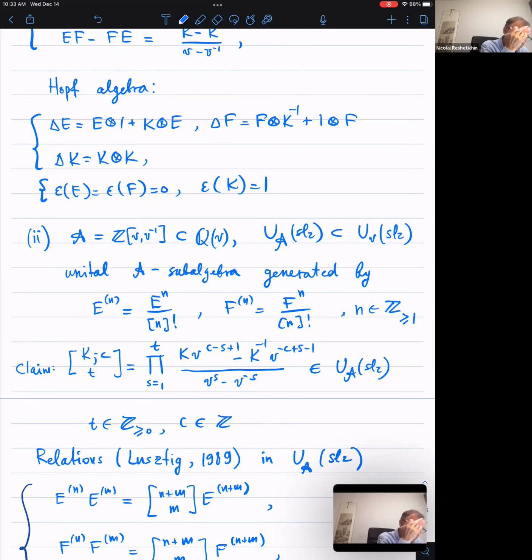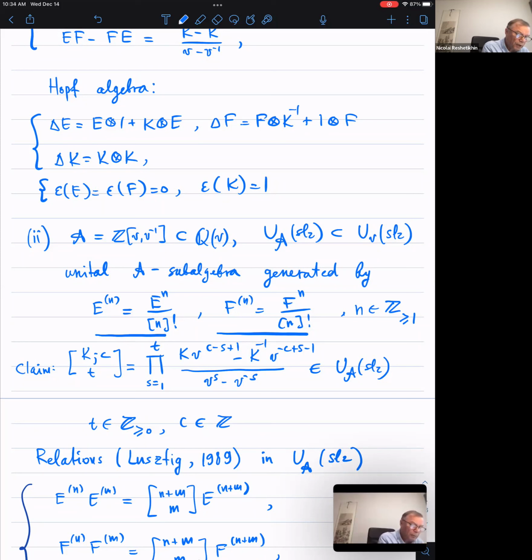So we consider so-called divided powers. Divided power of E, divided power of F, and we just define this subalgebra as the one generated by these divided powers.